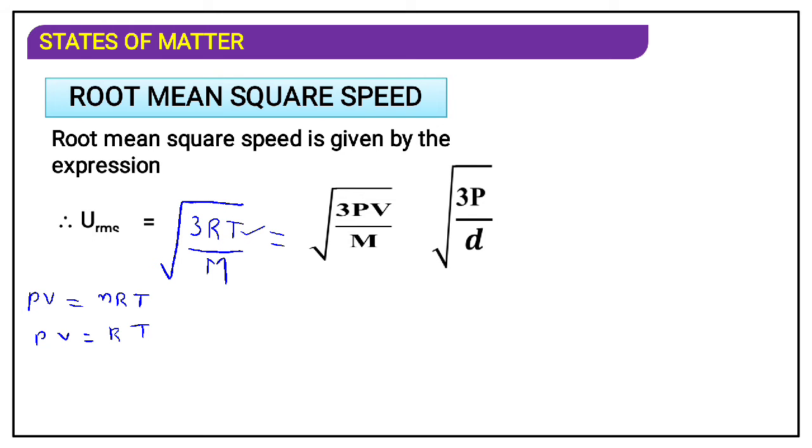The very important thing here is, in this one, root 3 PV divided by M is there, no?